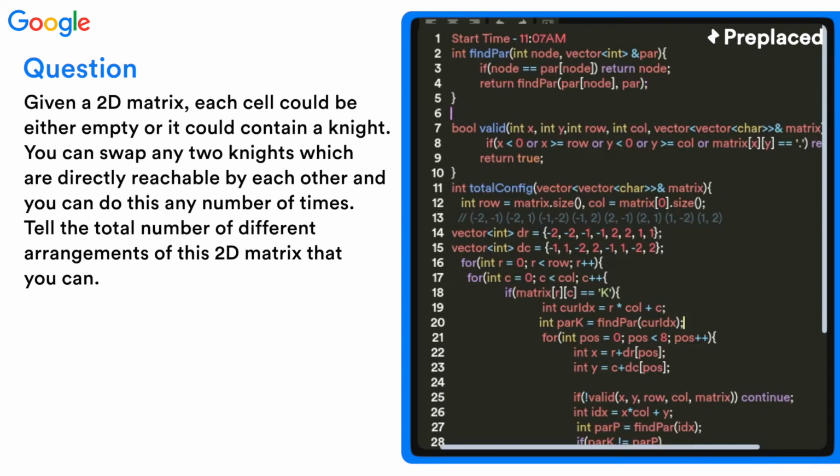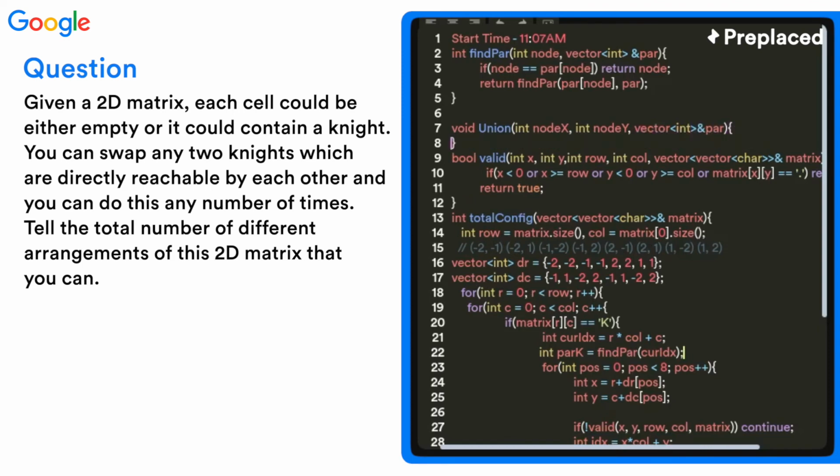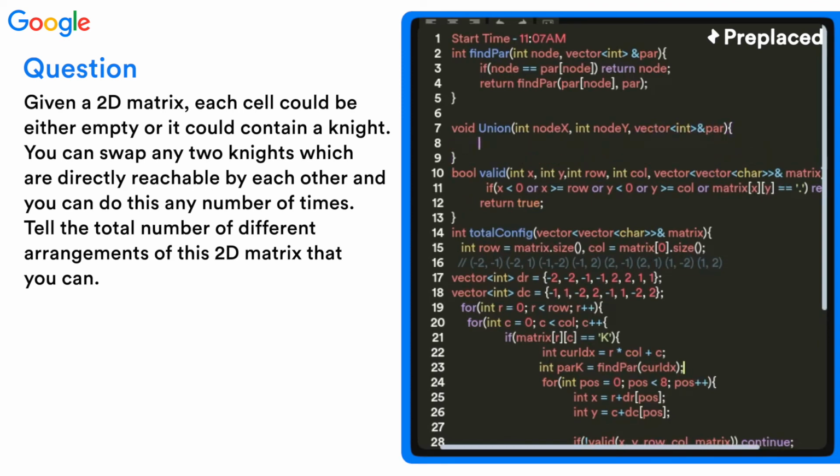So it'll just be void union of, let's say, int node x, int node y, and we also need the vector int parent. I can assign anyone.